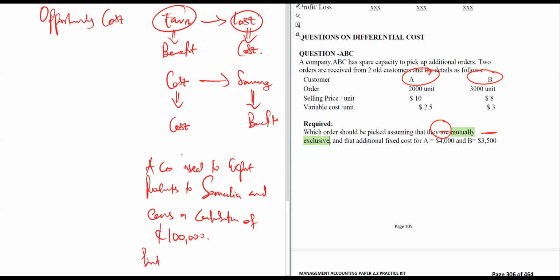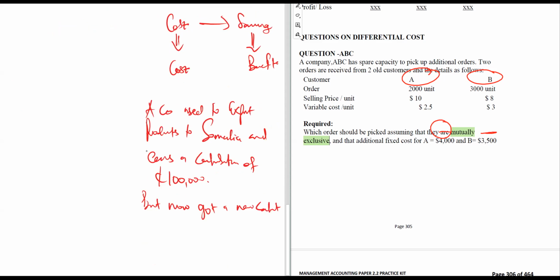But now got a new contract, now got a new contract in UK, earning him 400,000 cedis, right? The contract in Somalia cancelled. So what has happened?